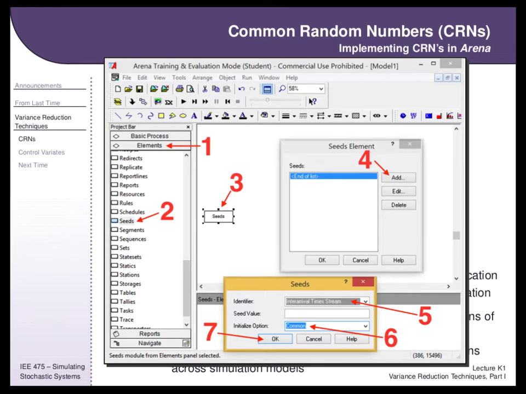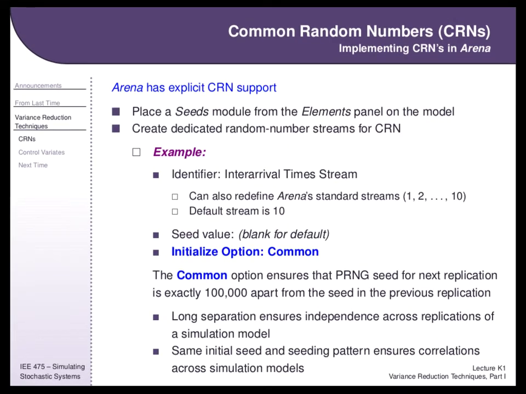You can leave the seed value blank. It doesn't matter here, but under initialize option, there is a common. And if I select that common, then what that's going to do is every time you run a replication, the next replication will start with a seed that's 100,000 more than the seed before it.